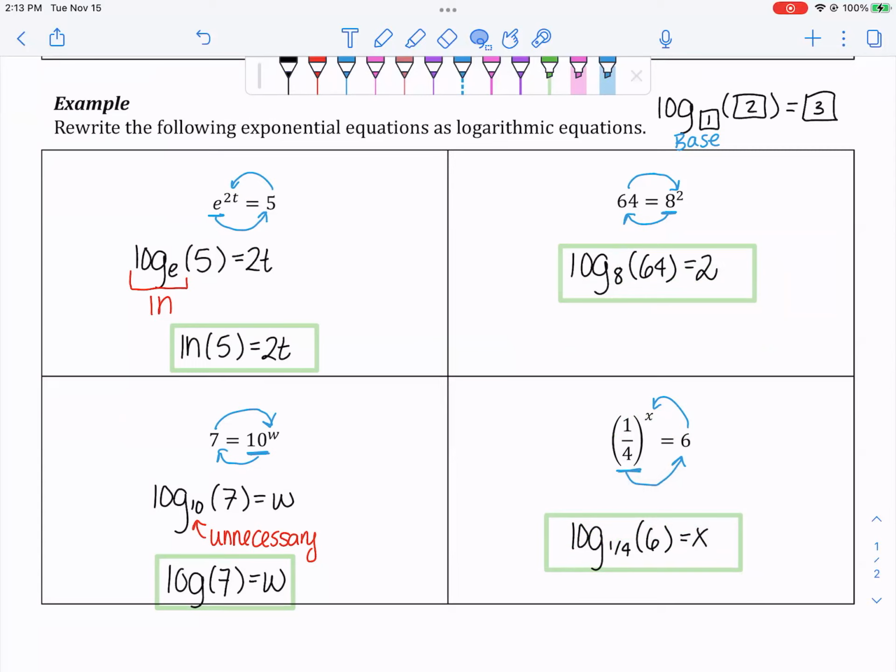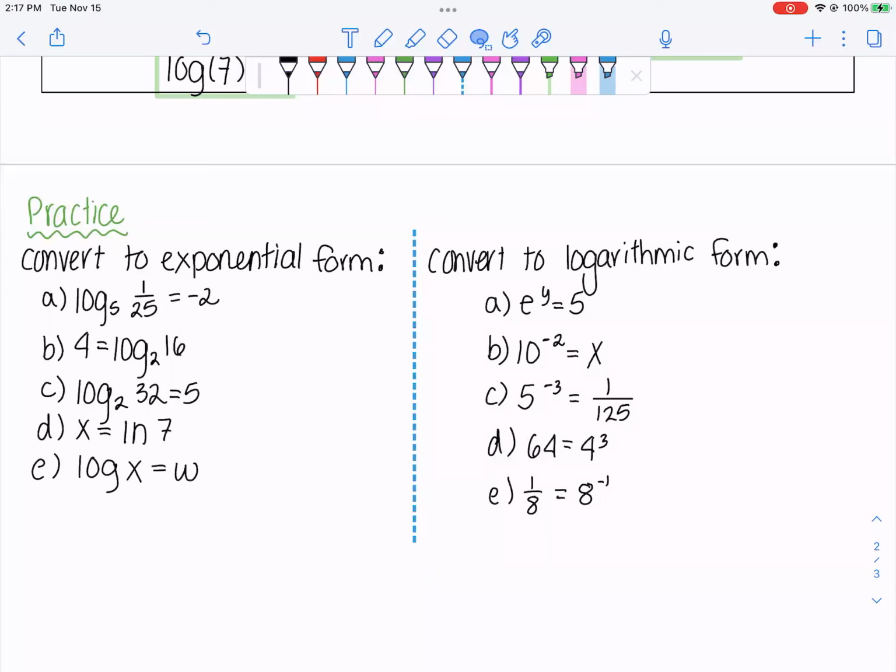I'm going to go ahead and write down a few for you to practice. I don't care if it's real quick or if it takes you a while. You could take your time on it. I'm going to write some practice problems down for you to try, though. All right, here's 5 of each. 5 exponential, 5 logarithmic. I'm not going to do these fully on camera.